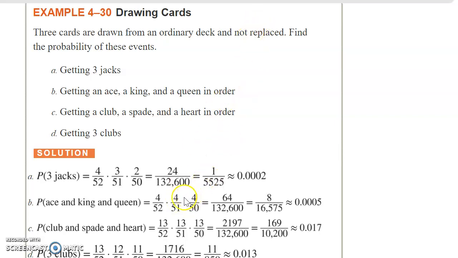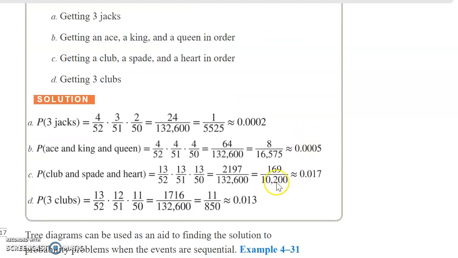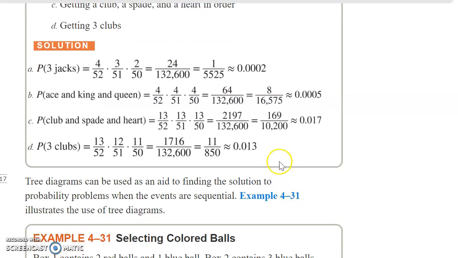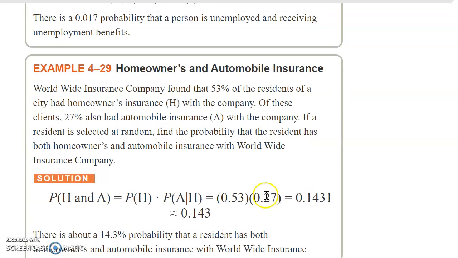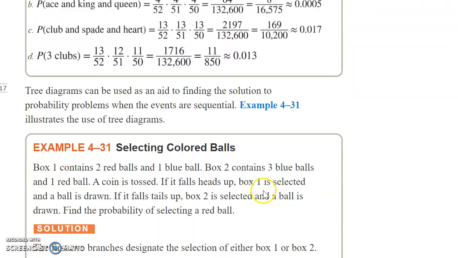So it's 4 out of 51 to get the king. Now, there's still 4 kings, but there's only 51 cards. The next one is getting a queen. You did not replace, so there's still 4 queens, but it's 4 over 50. So you multiply all that out, and you get this number. All right, so I hope that helps you understand that. You're going to have to look at that a little bit, but it's not as hard as it looks, honestly.